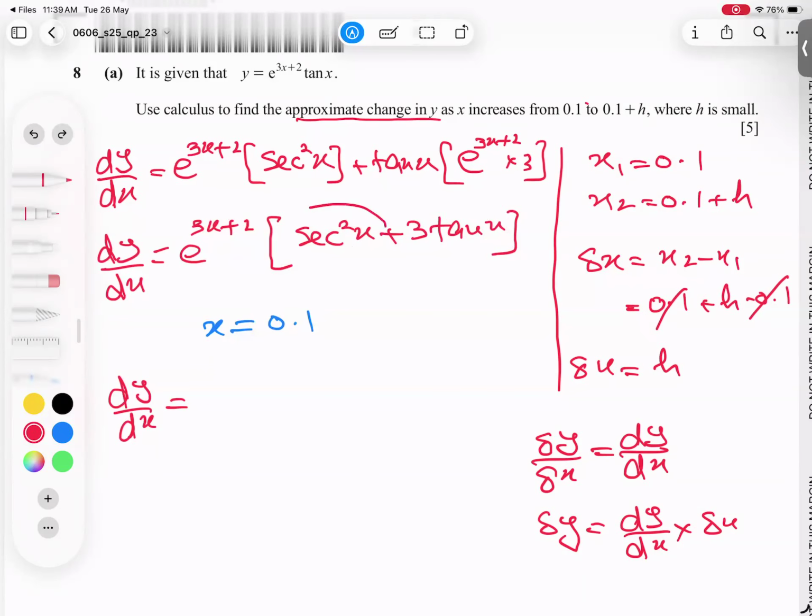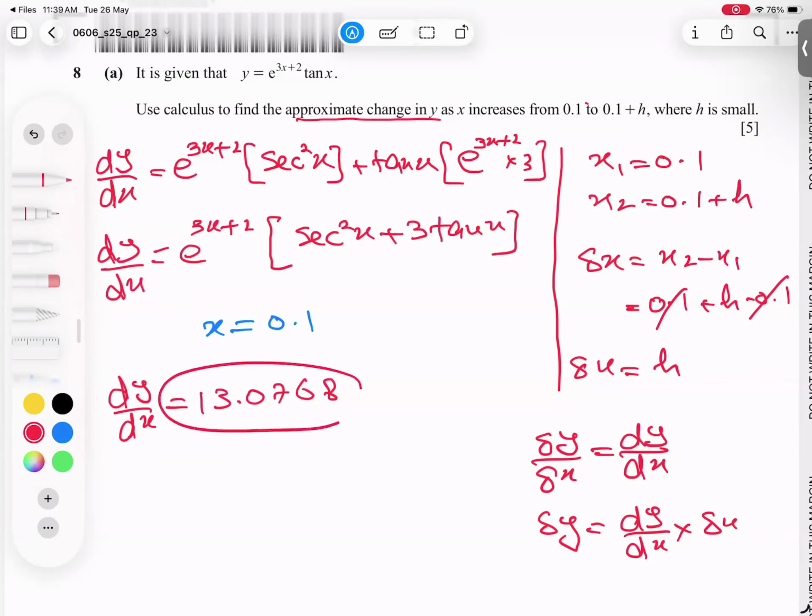Be careful. What is secant squared? 1 over cos squared. And tan as it is. 1 over cos squared is this one, and put power 2 on the whole bracket like this. So I'm going to check it in the calculator. So 0.1, when I replace it inside, I'm getting the answer here, 13.0768.